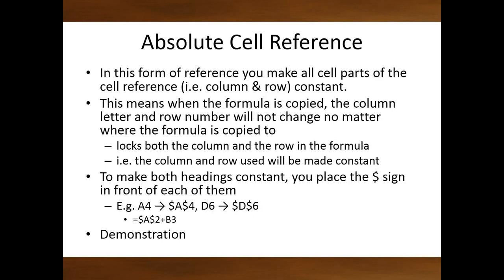In this form of reference, you make all cell parts of the cell reference constant. So here we make the column heading constant and we make the row heading constant. This means when the formula is copied, the column letter and row number will not change no matter where the formula is copied to.